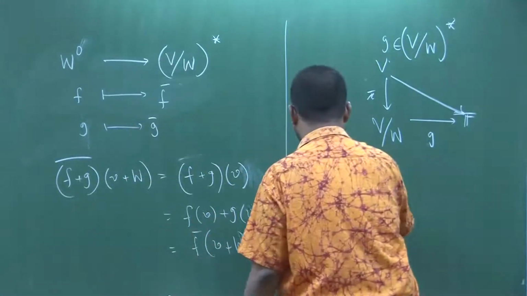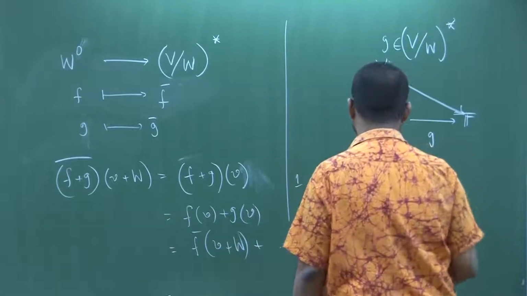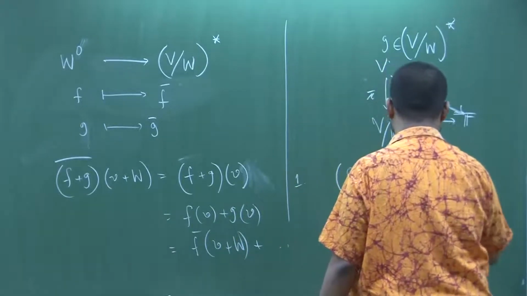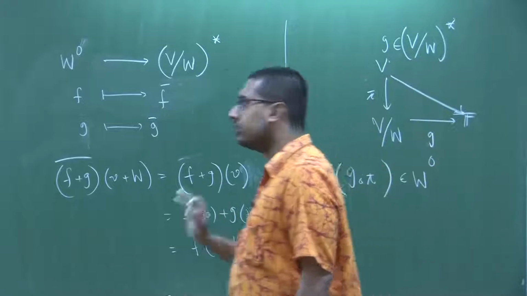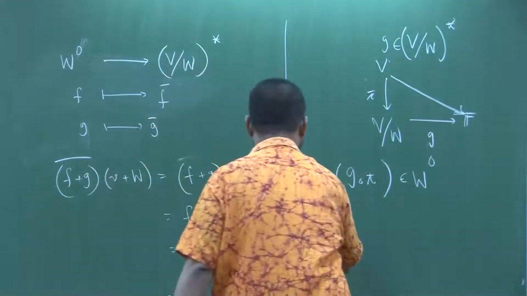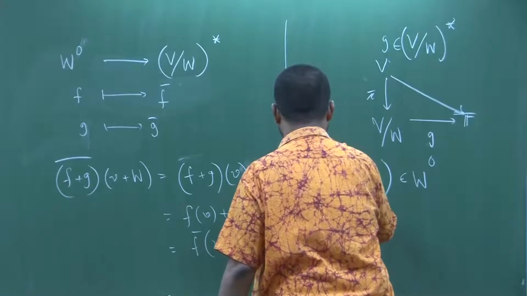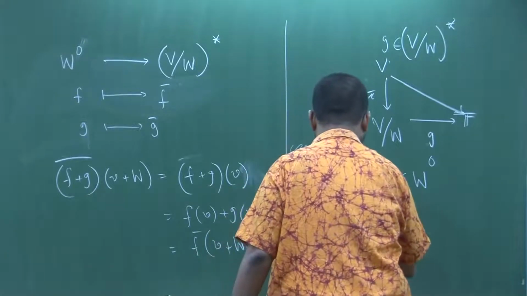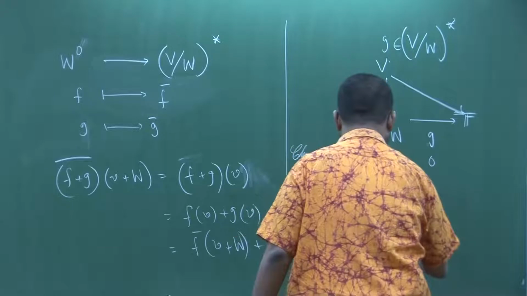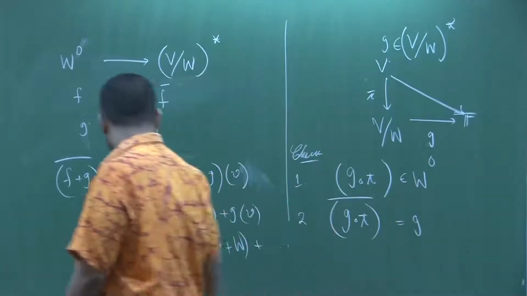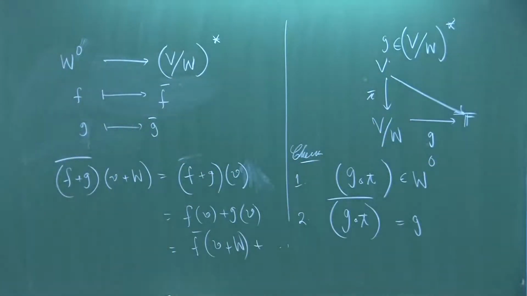In the first step, this is in V star, we need to check that this lies in W naught. The second thing that I need to check is that (g compose pi) bar is g. Okay, these verifications are trivial.